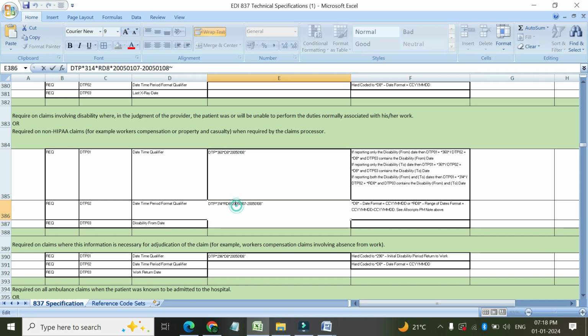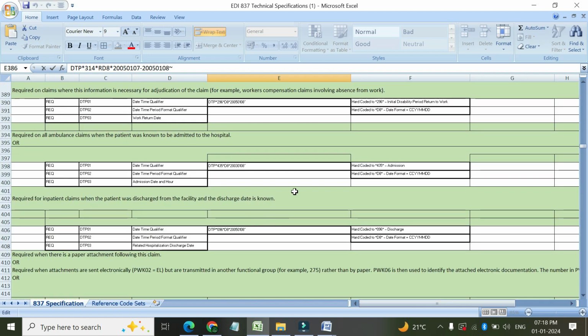The only difference is the qualifier will change to 314, which says that we are sending the from and to date. And instead of D8, which is the format CCYYMMDD, the qualifier now changes to RD8, which means the format will be CCYYMMDD dash CCYYMMDD. That's the only difference.